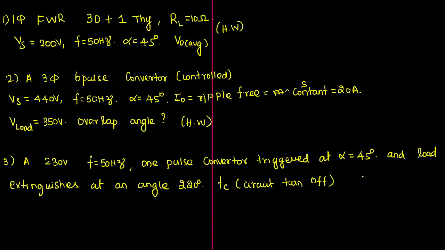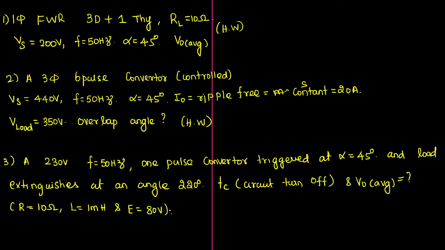One question under V0 average. Output average voltage also. Calculate these two parameters. Whereas it is connected with the RLE load. R is given as 10 ohm. The value of L is given as 1 millihenry and battery voltage E given as 80 volt.